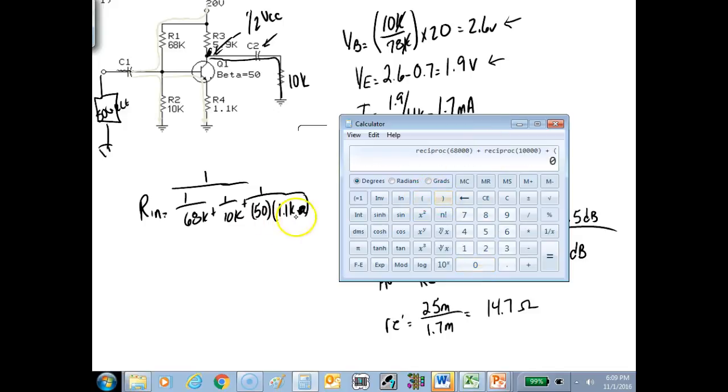If you do this one first, then you don't have to do parentheses, right? It's 50 times 1.1 times 10 to the third, equals, reciprocal, equals, reciprocal. 1.8, 1.82K or 1.8K.